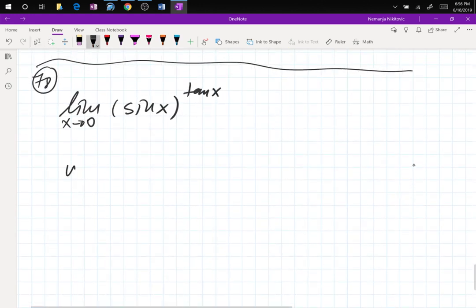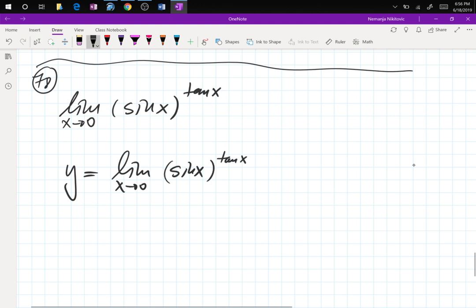You know what to do. Yep. Y equals the limit x goes to 0 of sine x raised to the tangent x. ln both sides, swap the limit with ln, peel off the tangent in front of ln, and then go from there.